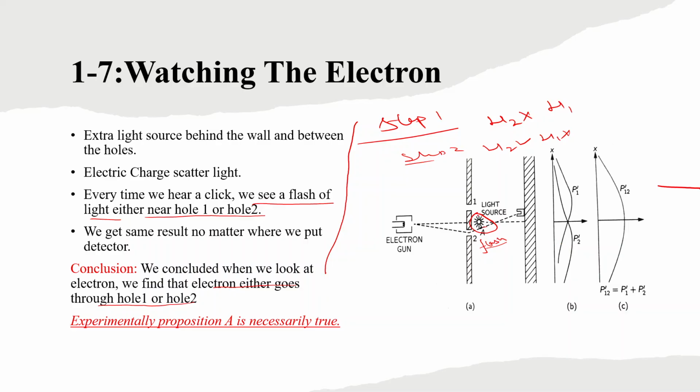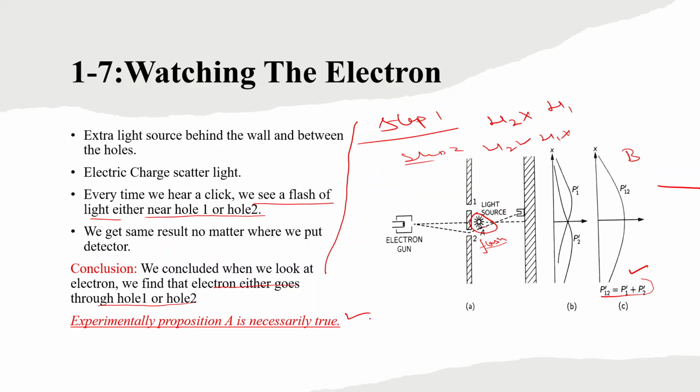But this time when both holes are open, we get a curve like this, which is similar to our first experiment, in which bullets were passing through. When both holes are open, we get this kind of curve. So here p dash 12 equals p dash 1 plus p dash 2 is true. So we concluded that when we look at the electron, we find that the electron either goes through hole 1 or hole 2. So experimentally, proposition A is necessarily true.